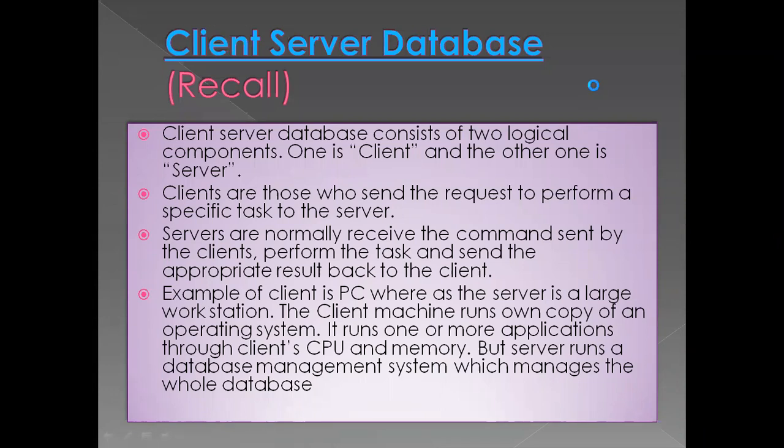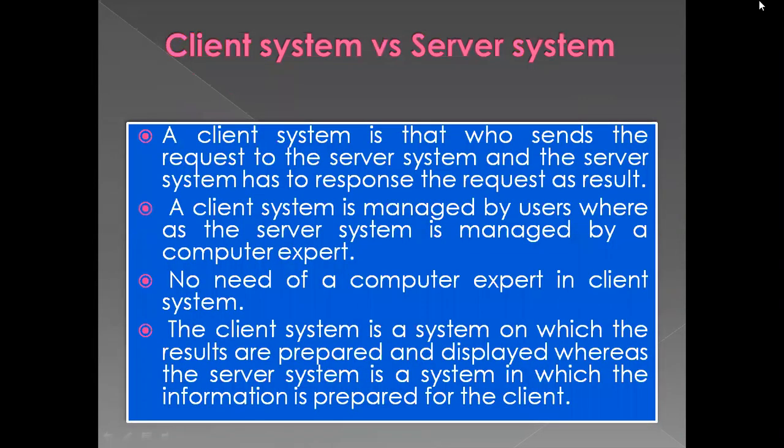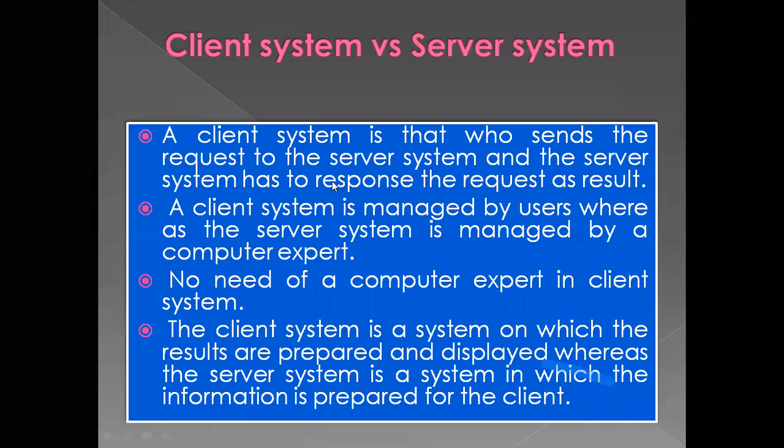Okay, now what are the differences between client system and server system? First, a client is a system that sends the request to the server system, and the server has to respond to that request with a result.